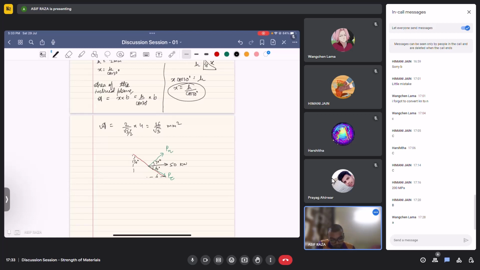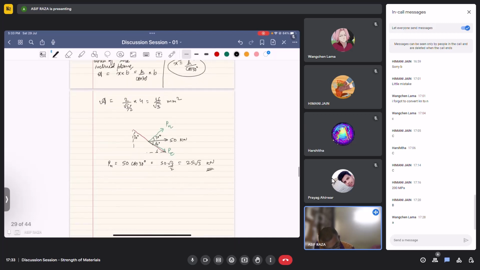Okay, so that means Pn is 50 cos 30, that is 50 root 3 by 2, that is 25 root 3 kilonewton. Don't forget the units.